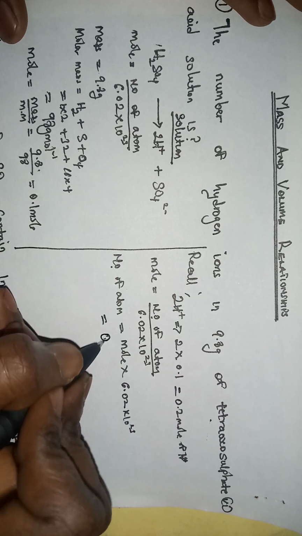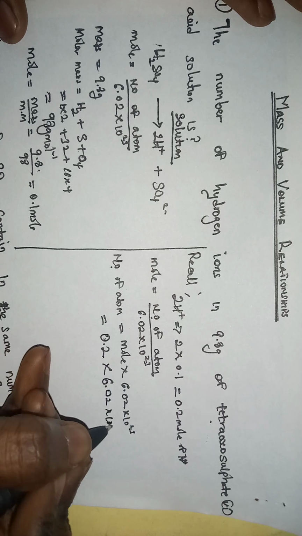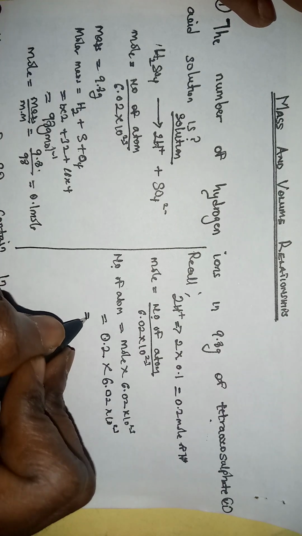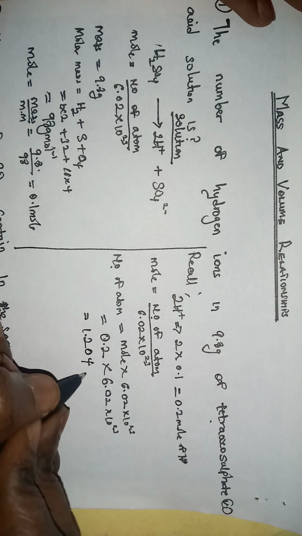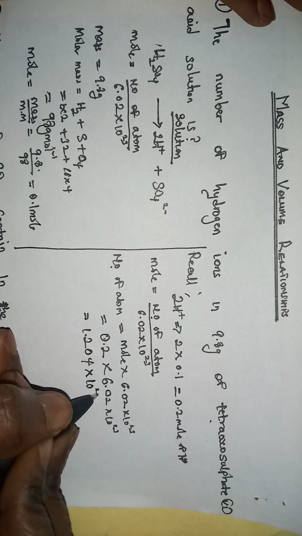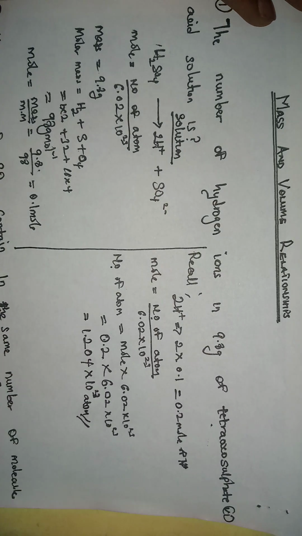Our mole is 0.2, multiplied by 6.02 times 10 raised to the power 23. So we have 1.204 times 10 raised to the power 23 atoms. This is the number of hydrogen ions that we can get in 9.8 gram.